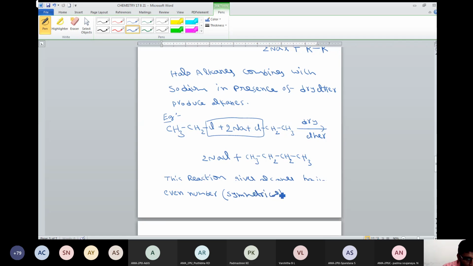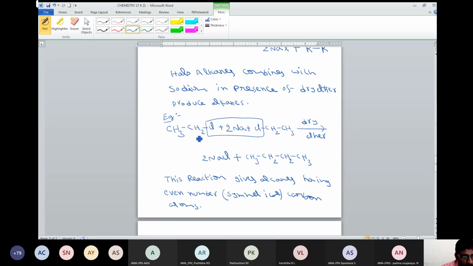Even number means symmetrical. This reaction gives alkanes having even number carbon atoms. That means it cannot be used for the preparation of odd-numbered alkanes like propane. Propane means 3 carbons. So propane we cannot prepare by Wood's reaction. We can prepare ethane, but we cannot prepare propane.